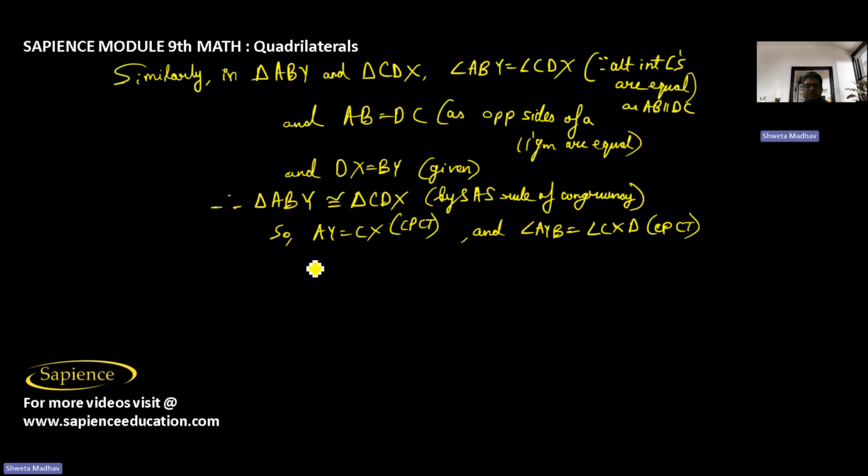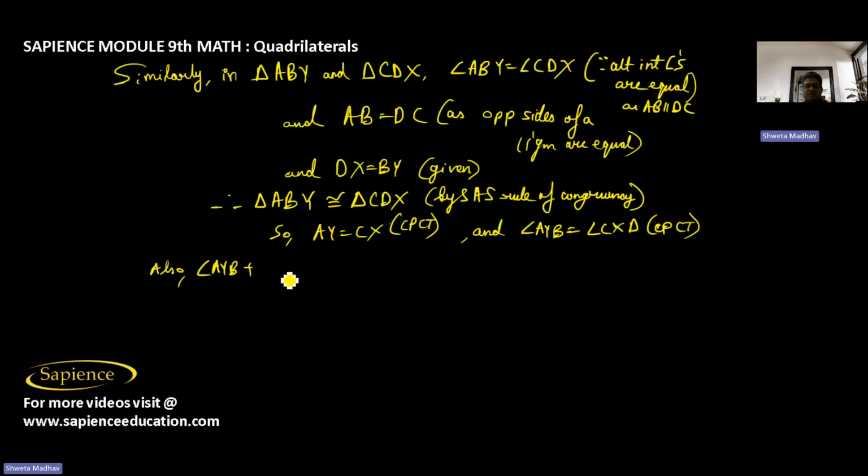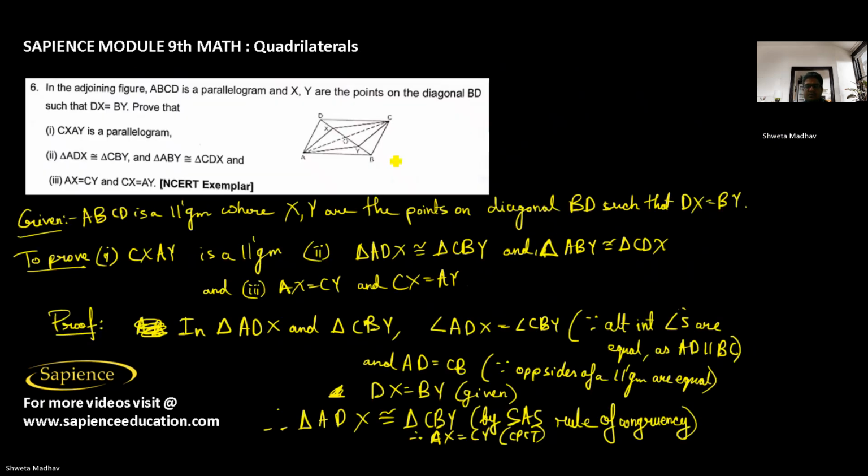So now we can say that angle AYB plus angle AYX equals 180 degrees, and also angle CXD plus angle CXY equals 180 degrees, since linear pairs are formed there.